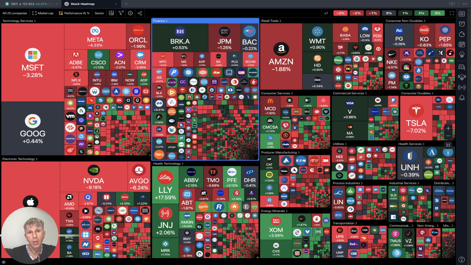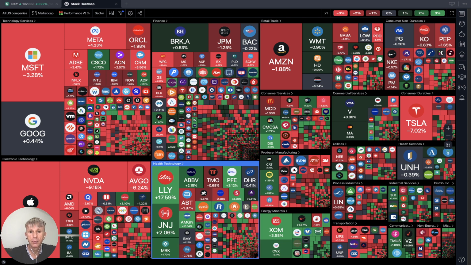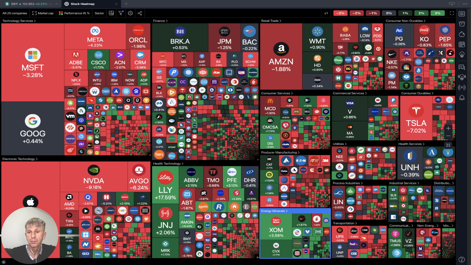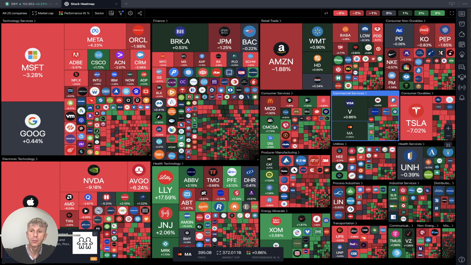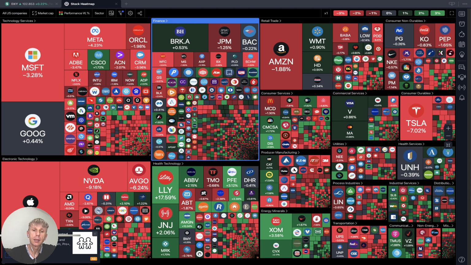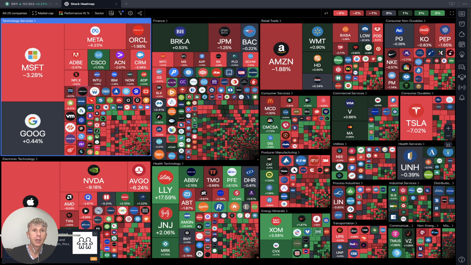Finance, mixed. Health technology is about half and half, 50-50 green and red. Energy is green. Everything else looks red. Consumer services, Visa, MasterCard, about 50-50. Generally a lot of red, with just a few sectors green.